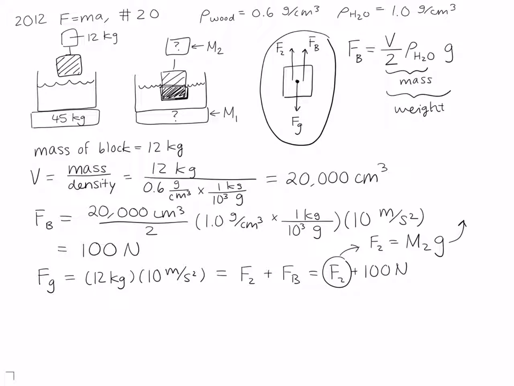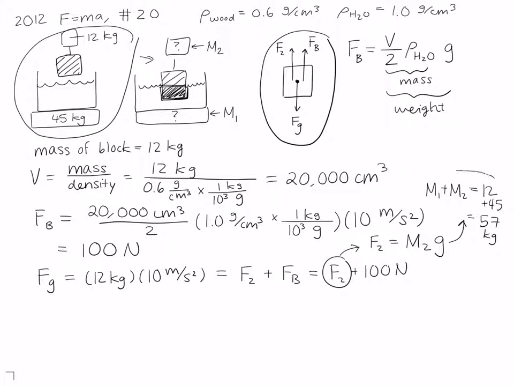Once we find M2, we can find M1, because M1 plus M2 must equal the total of 12 plus 45 kilograms, which is 57 kilograms, since no mass has been lost or gained when we go from here to here. And as a result, this must remain true.